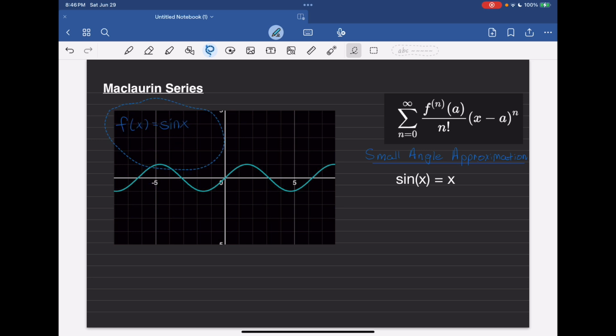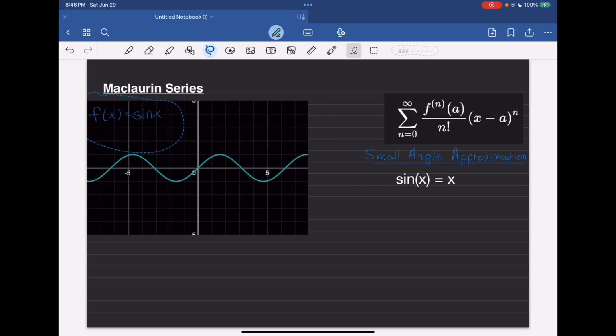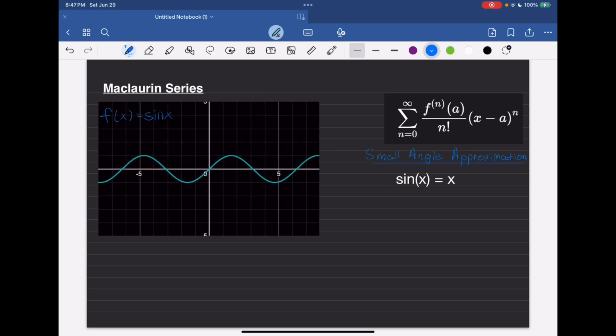So we can start off by writing this polynomial beneath as a plus bx plus cx squared dot dot dot, where we don't know the coefficients of each term. So we can start by saying, well, since it has to take on the exact same values of sine x everywhere, it must also have the same value of sine x at x equals 0.